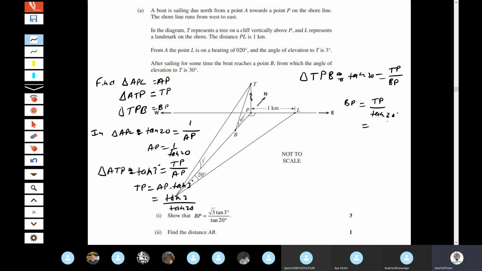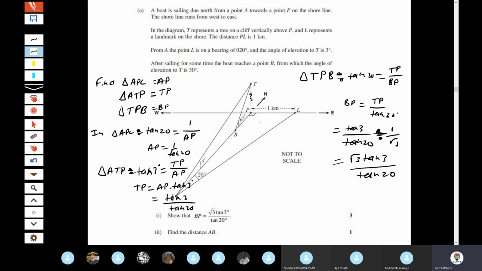Tan 30 is 1 on root 3, I'm going to assume. So then you divide by tan 30, 1 on root 3, and that becomes times by root 3. So BP is root 3 tan 3 on tan 20.